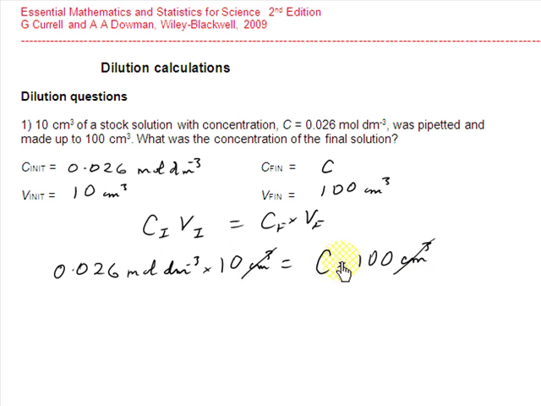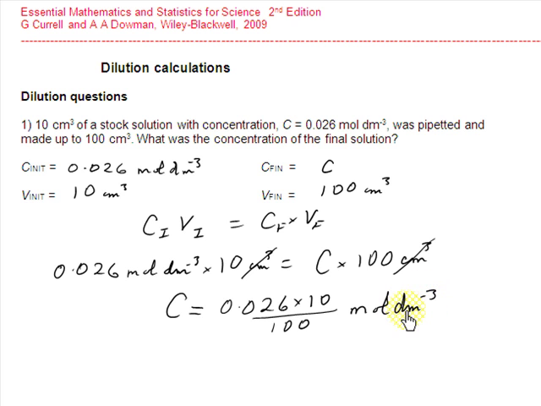We can now reorganize this equation, and we will get that the concentration C, turning this equation round, will equal the 0.026 multiplied by 10, and then taking the 100 across to the other side, i.e. dividing both sides by 100, this will be over 100, and the units for concentration will still be in moles per decimeter cubed.